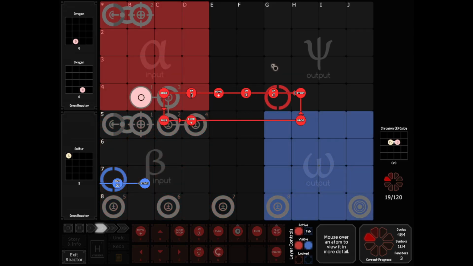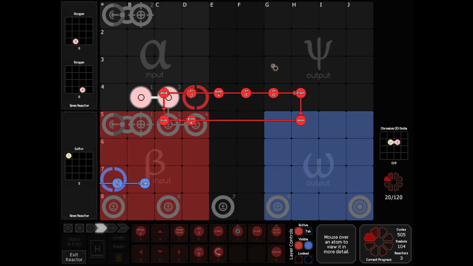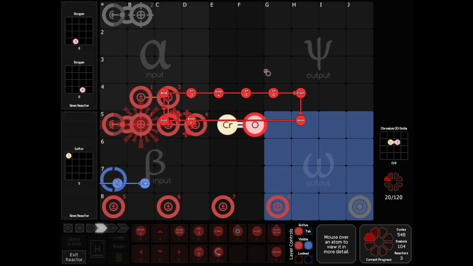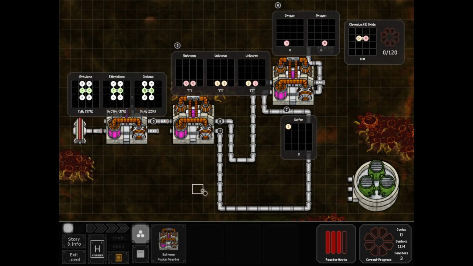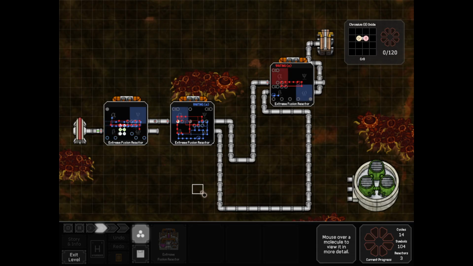Is this solution sped up by lengthening the first pipe leading out of the first reactor? We can try that. So this reactor is stalling a lot of the time, but sometimes it's not stalling.